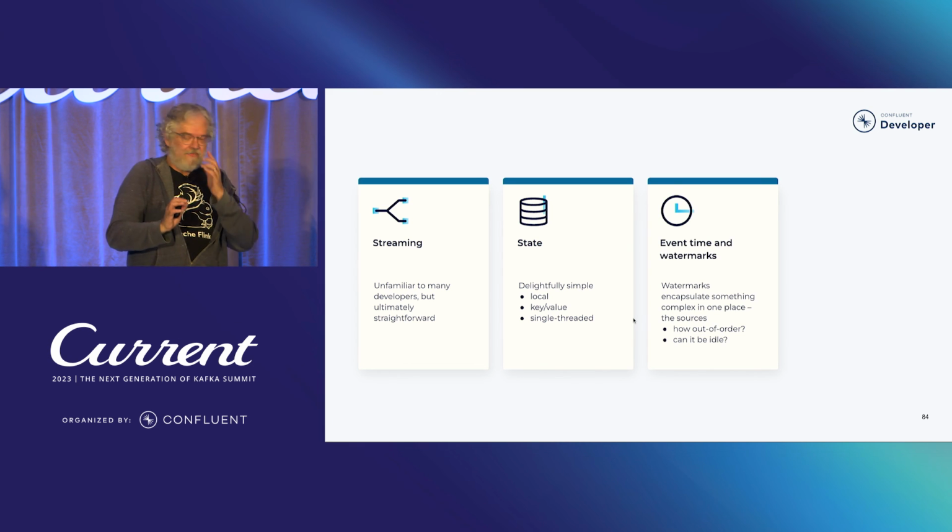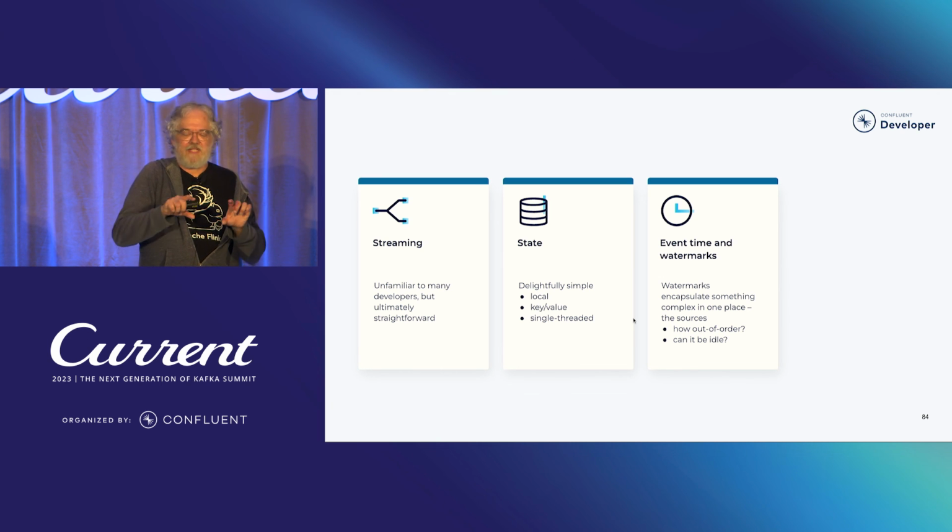The timing stuff, again, is foreign, it's new, but it encapsulates something that is potentially complex in one place. And all you really have to worry about is how out of order each of my sources can be, and can any of them become idle? And you just have to parameterize your watermark strategy with those two factors, and Bob's your uncle. Or you use, as Konstantin described, auto watermarking that just works.